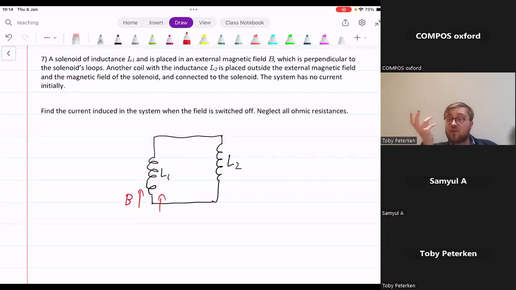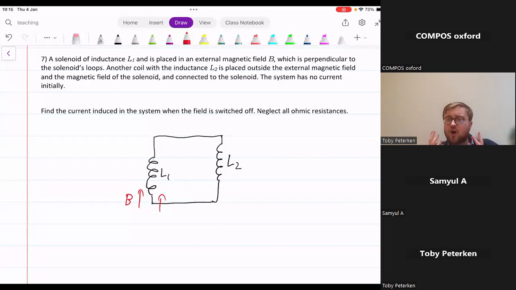Well, this changes the flux through that inductor, and the change of that flux creates a voltage, and that voltage creates a current around the wire. But as we create a current through the wire, well, there's two inductors in this circuit. So as the current tries to change, these inductors create voltages to oppose it.